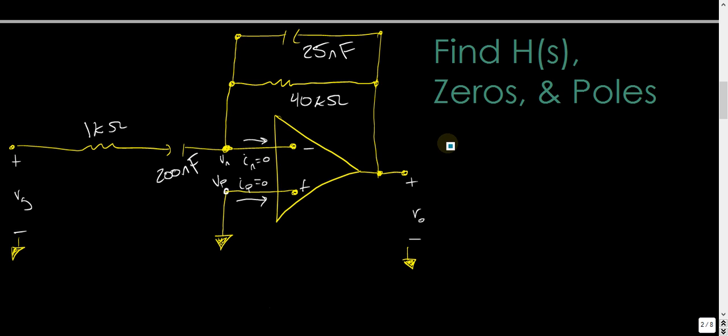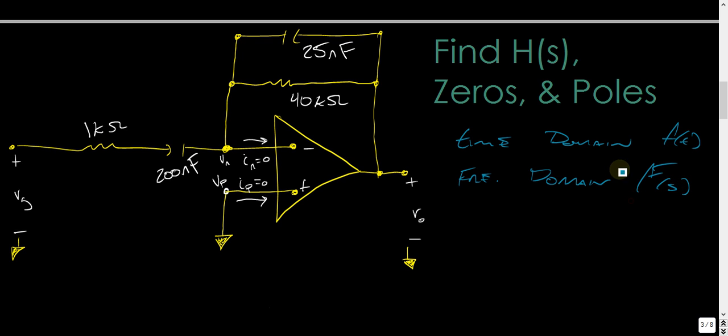Basically, in circuits, we like to look at things a couple different ways, and one of those ways is in the time domain, which is f of t, and then in the frequency domain, which could be H of S or big F of S. A lot of times these capitals are for the frequency domain.